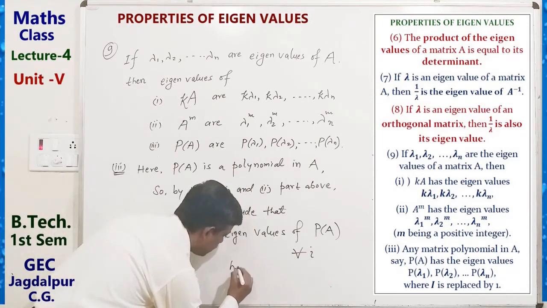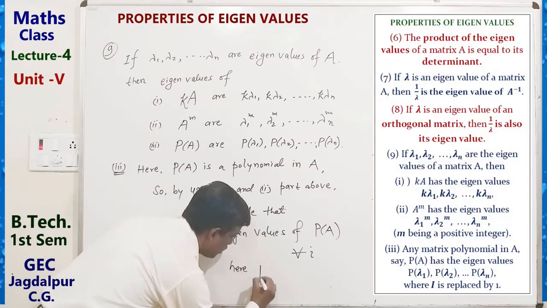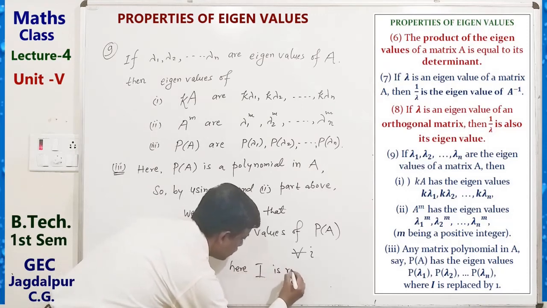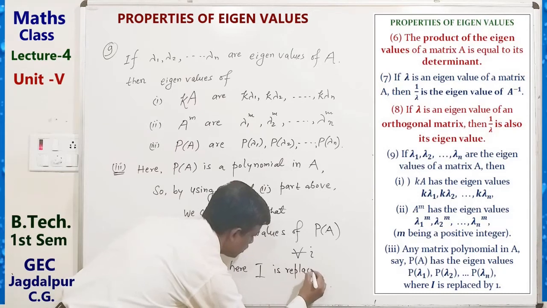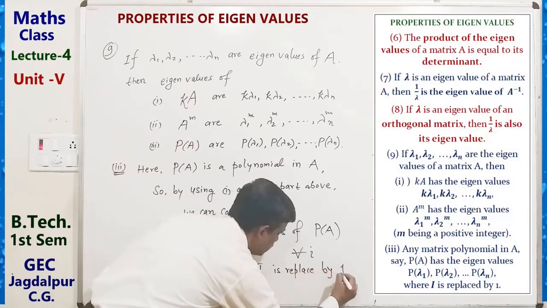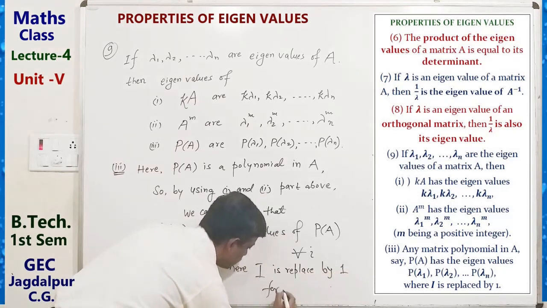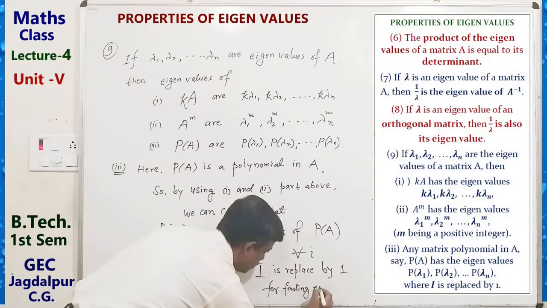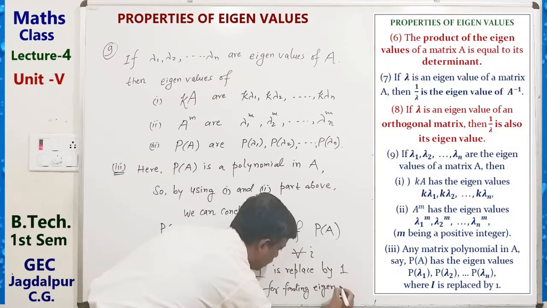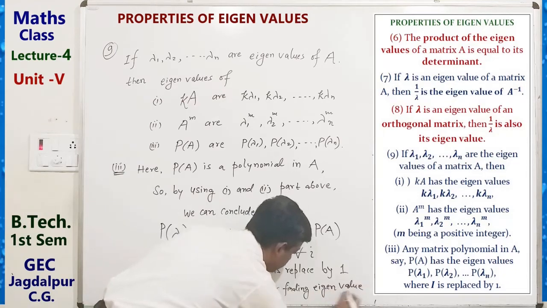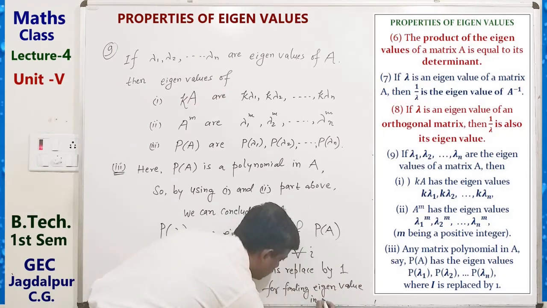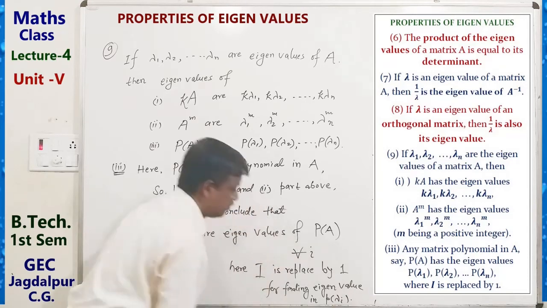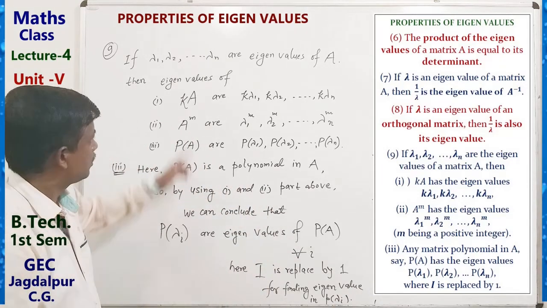Here i is replaced by 1 to n for finding the eigenvalues P(lambda i). Clear? So we can conclude like this.